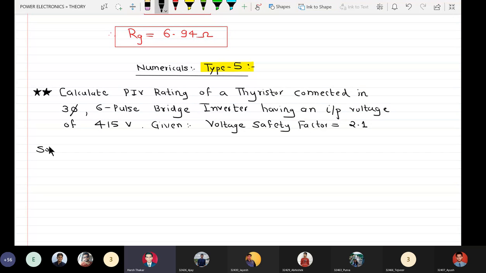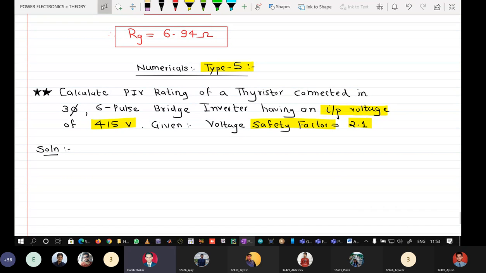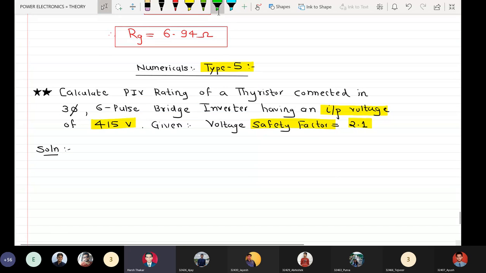Okay, so the important statistics which is present in this is input voltage is 415 volts and the given safety factor is equal to 2.1. There is a straightforward formula here for PIV, and what is unknown is the PIV rating.